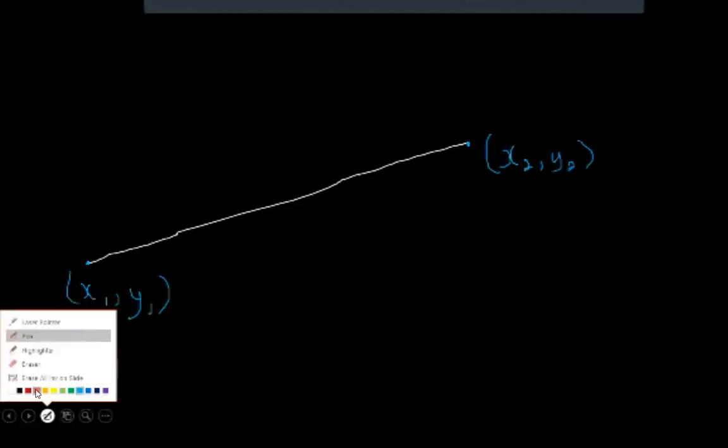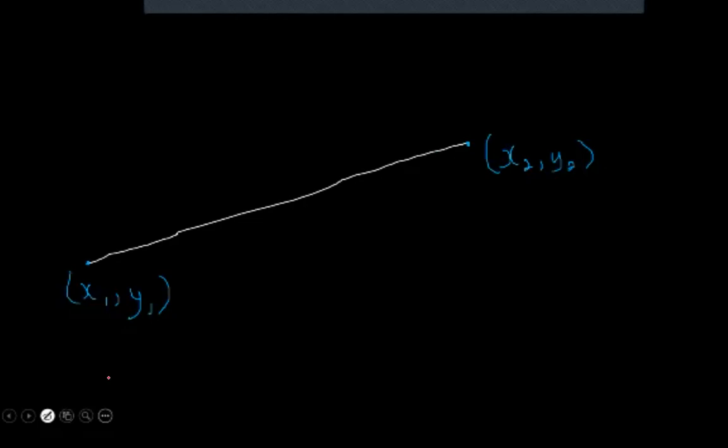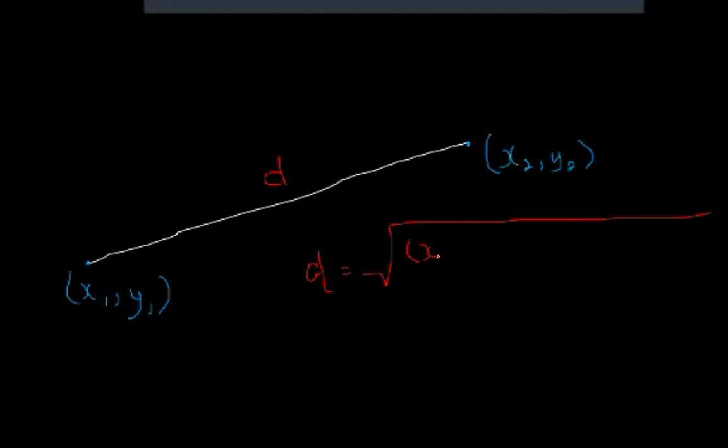We said last time that the formula to find the distance between 2 points, aka the length of this line, so I'll just name it D, is the square root of x2 minus x1 squared plus y2 minus y1 squared.